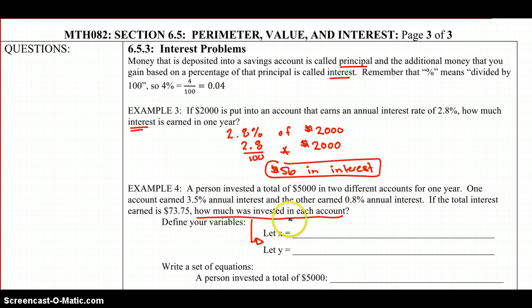Again, we're going to let this question help us define our 2 variables. X is going to be the money put into the account that's earning 3.5% interest, and we're going to let Y be the amount of money put into the account earning 0.8%.